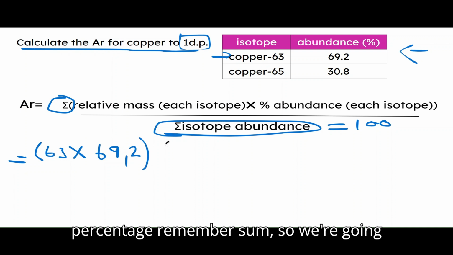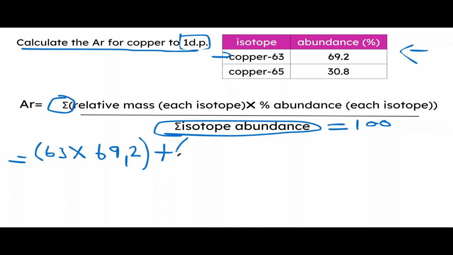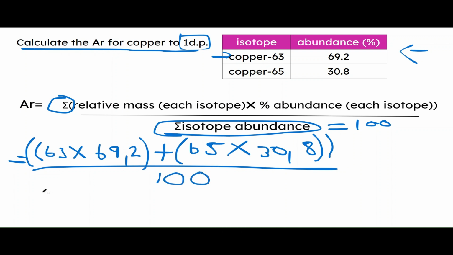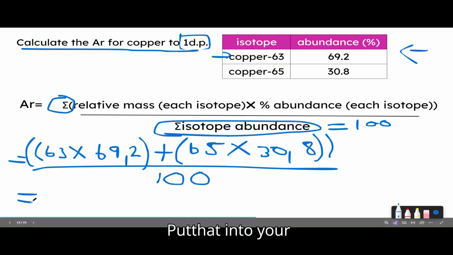And remember sum, so we're going to add 65 times 30.9. Okay, let's put them all together, divided by 100.